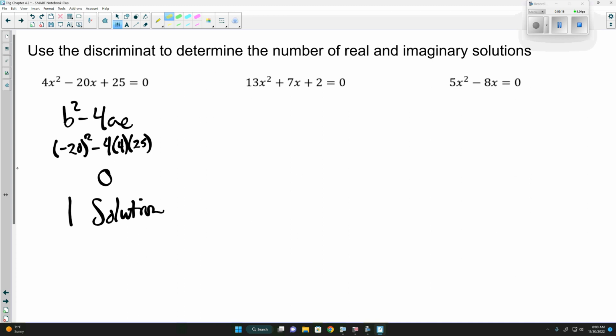So if we look at the next one, b squared minus 4ac, we have 7 squared minus 4 times 13 times 2. I have a feeling we're going to have two complex solutions. What do you think is going to be bigger, 7 squared or 4 times 13 times 2?